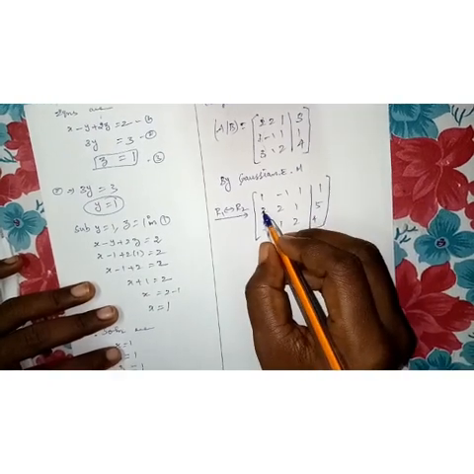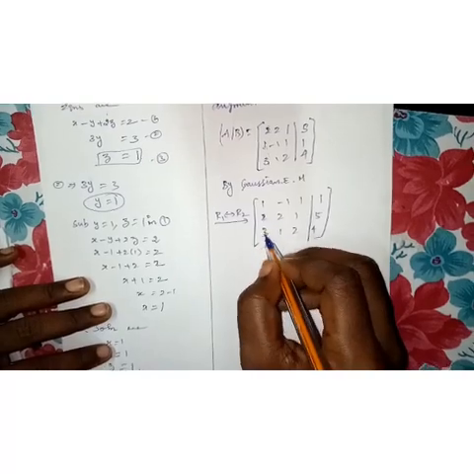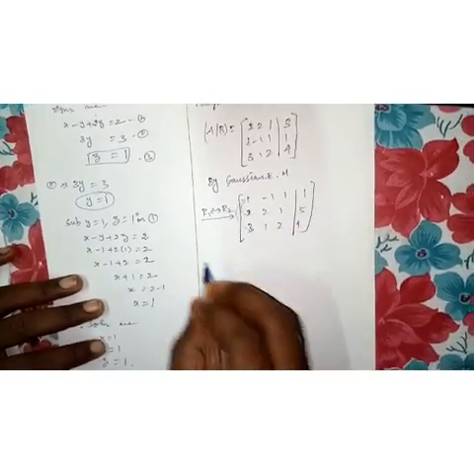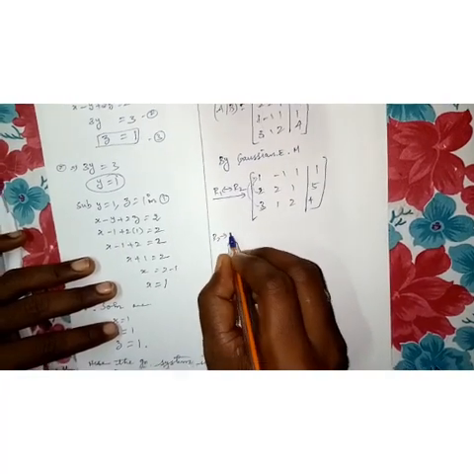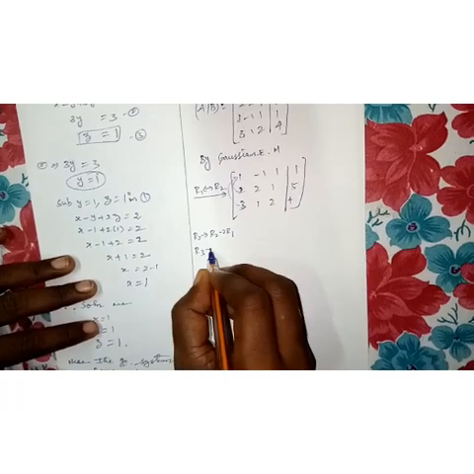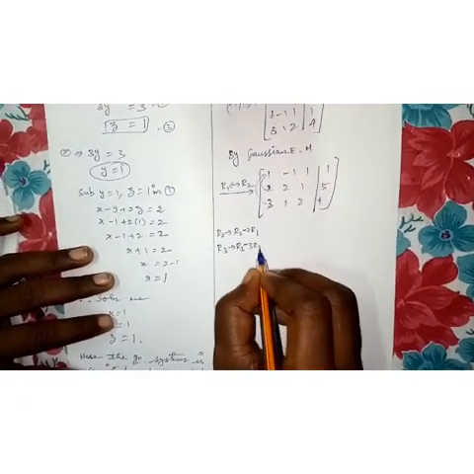Then we convert these two elements to 0, so R2 becomes R2 minus 2 times R1, and R3 becomes R3 minus 3 times R1.